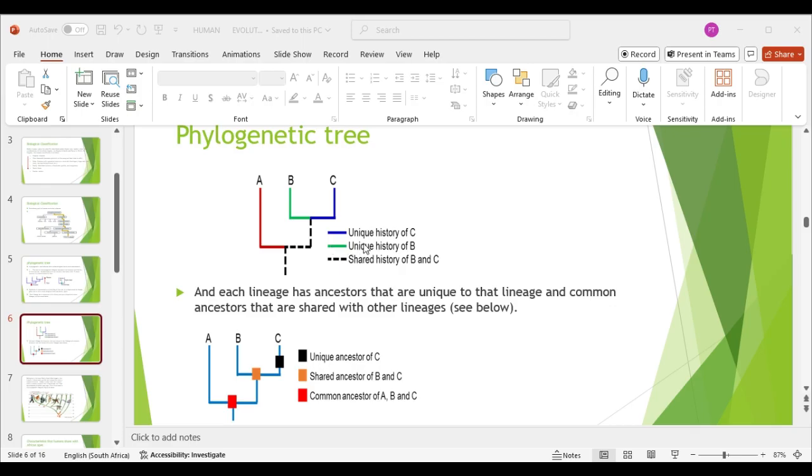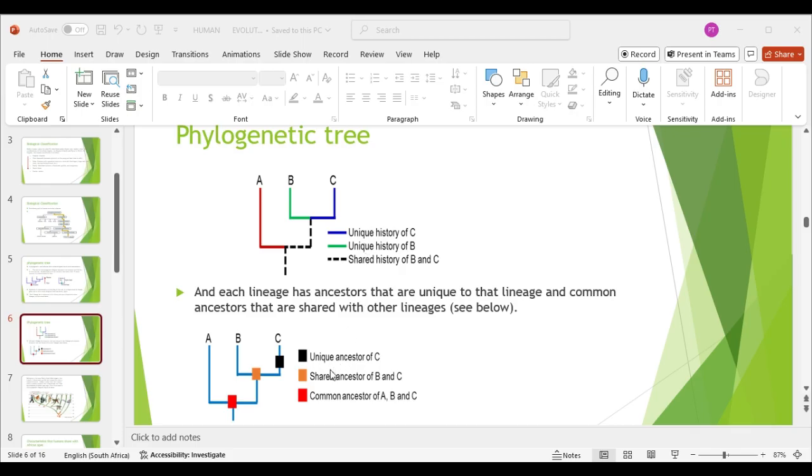When we look at C, it also has its own history, but they share the history of this dotted black line, which is the history of B and C. Hence, each lineage has ancestors that are unique to that lineage and common ancestors. So the dotted line is the common shared ancestor. The green line of B is the unique ancestor of B. The blue line of C is the unique ancestor of C.